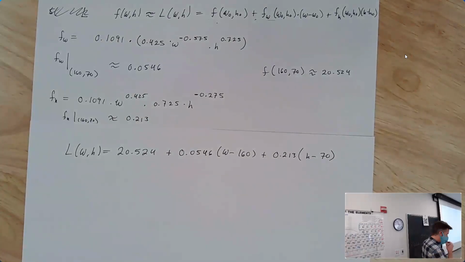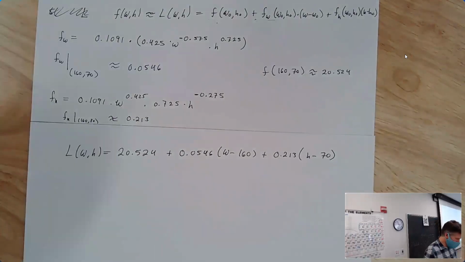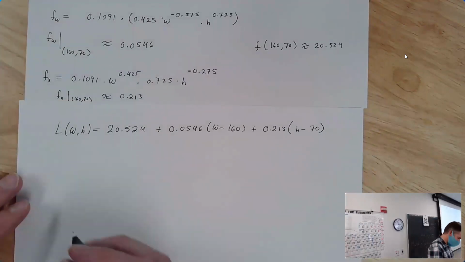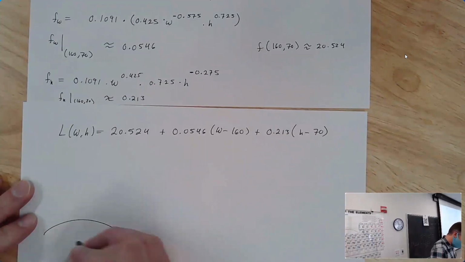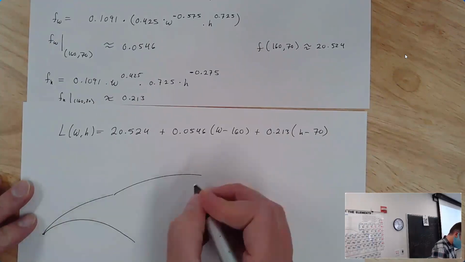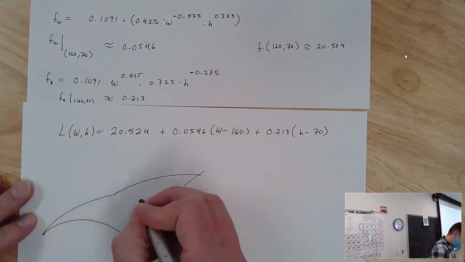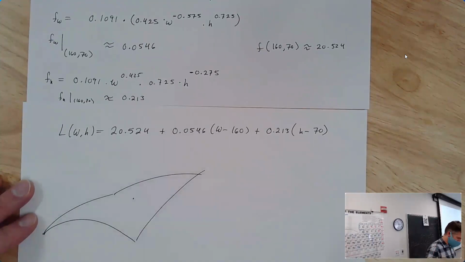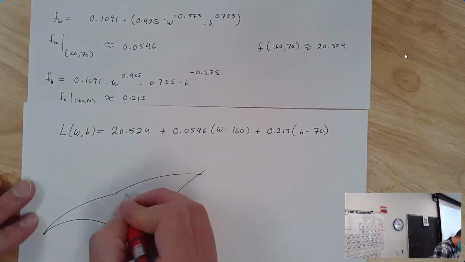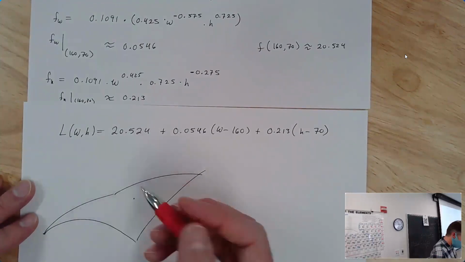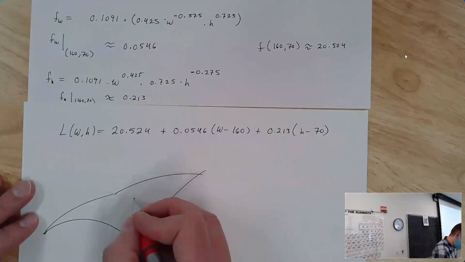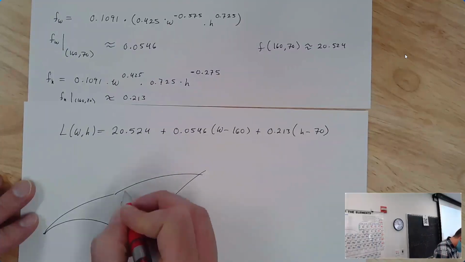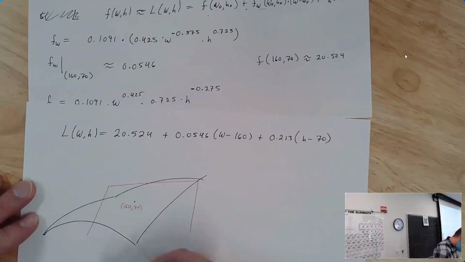Okay, so now we're going to use this linearization. And here's kind of the idea. We've got some plane, and there's some, my plane is not the best looking, sorry, some surface, I should say. And there's a point on the surface, in this case, 160, 70, where we are taking the tangent to the surface.